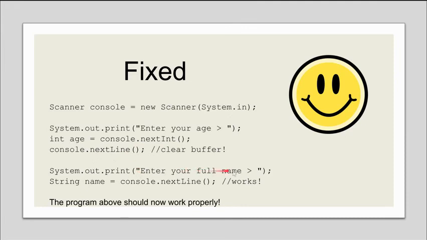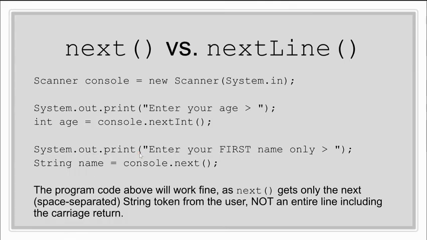Then when we prompt for full name and request the scanner capture the next line, we will be able to capture the full name and everything will work well. And that's because we're putting this line console.nextLine into our code to take care of clearing the buffer.